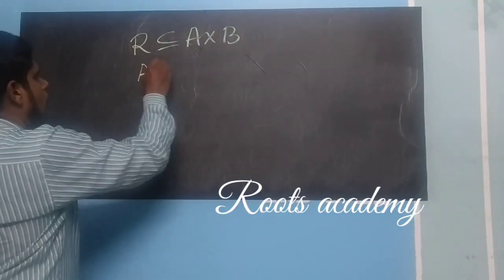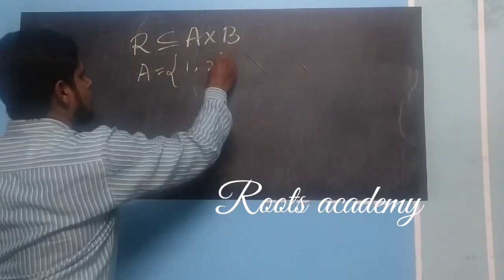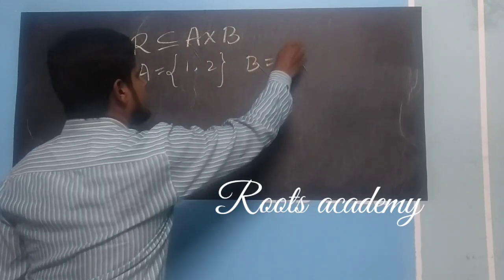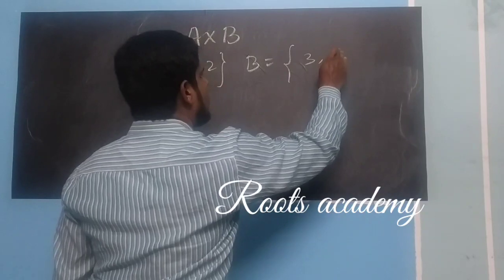Suppose I have a set A = {1, 2} and B is another set whose elements are 3, 4.